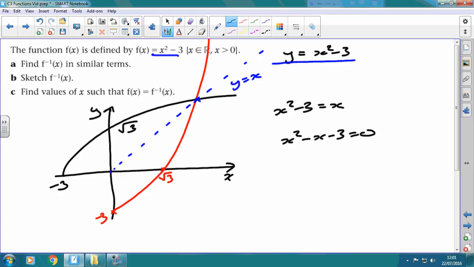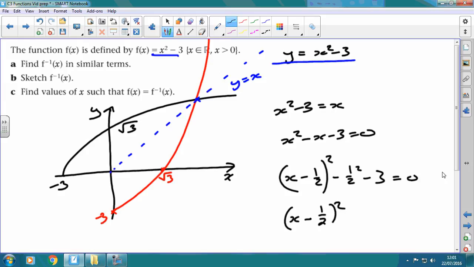If I complete the square, x minus a half squared, take away a half squared, minus 3 equals 0. So x minus 1/2 squared equals 3 1/4, which is 13/4. If we write that as 13/4, it might be a little bit easier.